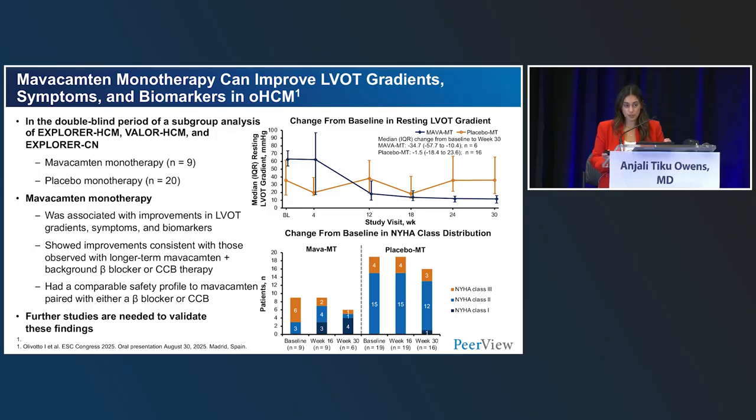So they were essentially mavacamten monotherapy with a small n there of 9, or placebo monotherapy. And we saw with mavacamten monotherapy in the top graph a similar reduction in LVOT gradient and a similar improvement in NYHA functional class. So we're extrapolating a bit here. It's not the same trial, but this is the data that we have to date from mavacamten.